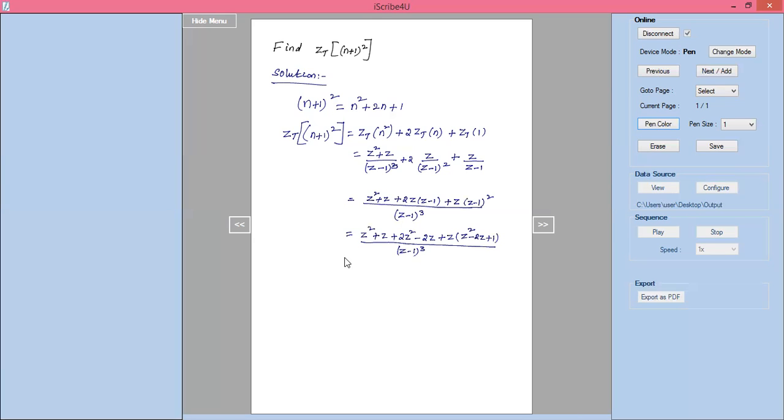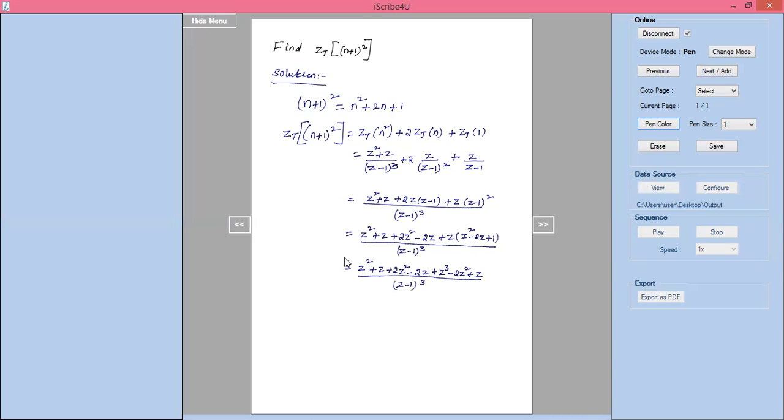Now if I simplify, z square plus z plus 2z square minus 2z plus z cube minus 2z square plus z divided by (z minus 1) whole cube.